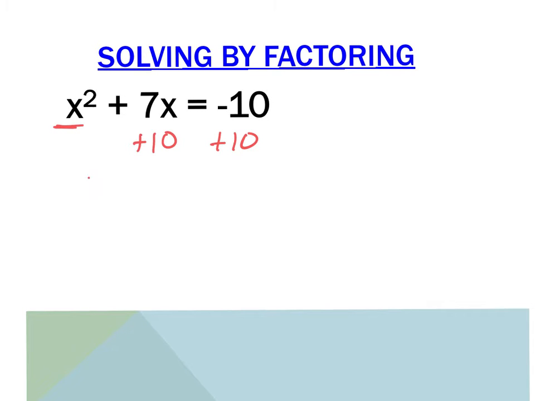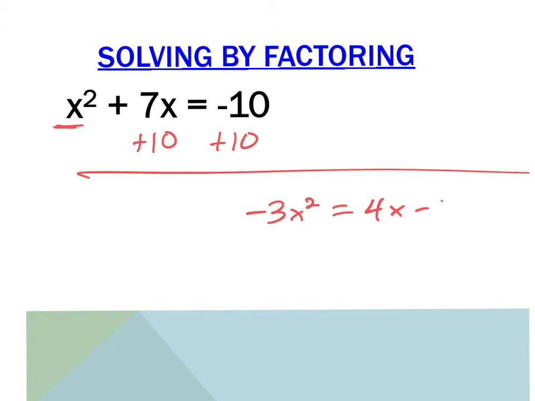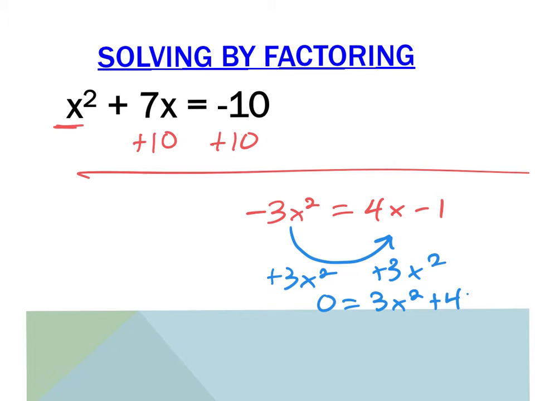So for example, just as a little side note, if we had -3x squared equals 4x minus 1, and I wanted to set this equal to 0, my preference would be to move this term to the right. I would add the 3x squared to both sides, because then you have a positive x squared term, and all the other remaining coefficients go behind that.